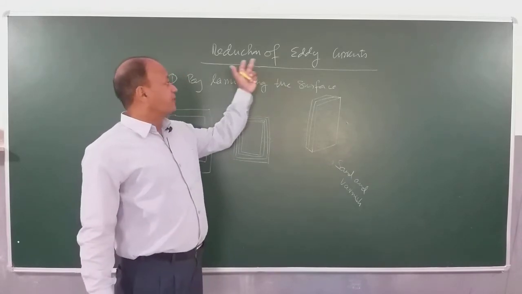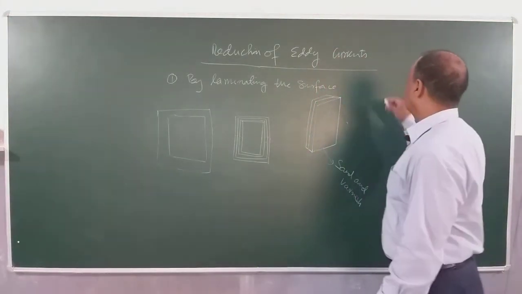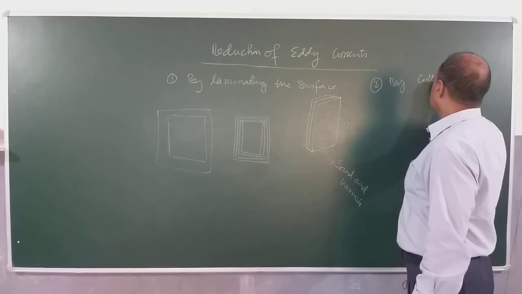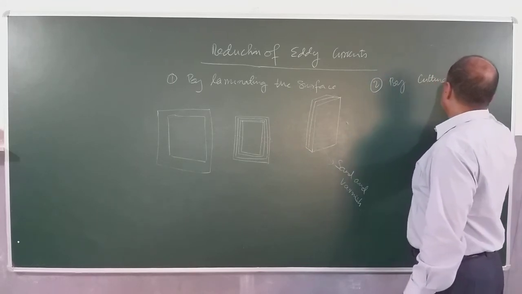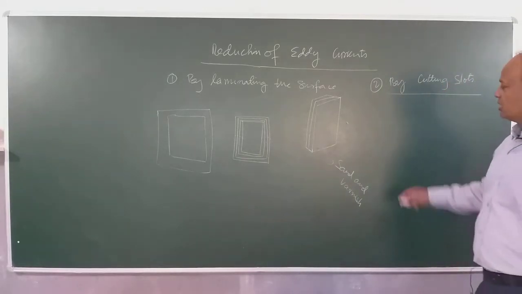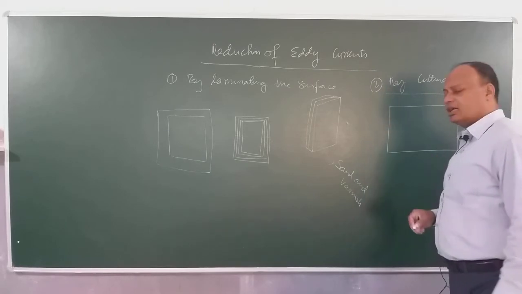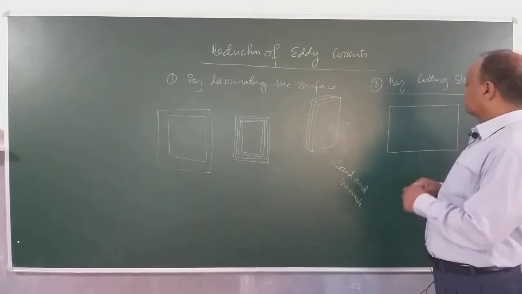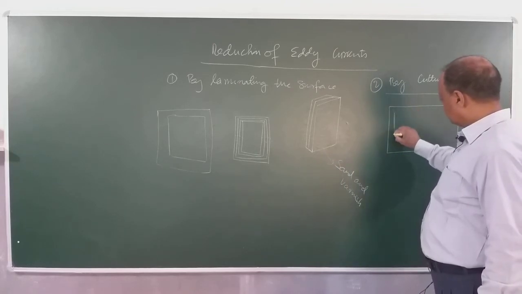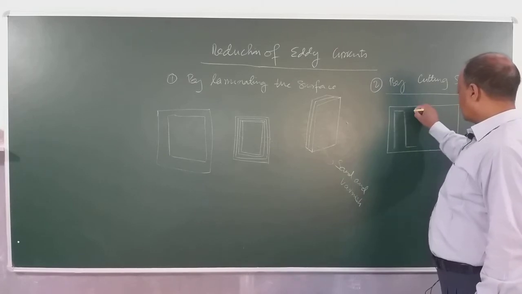So the first method of reducing eddy currents is lamination. Now the second one is by cutting slots. Now this is a metallic surface, and then you cut slots like this.